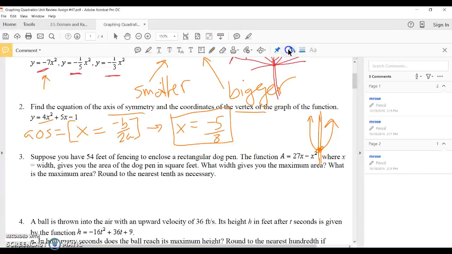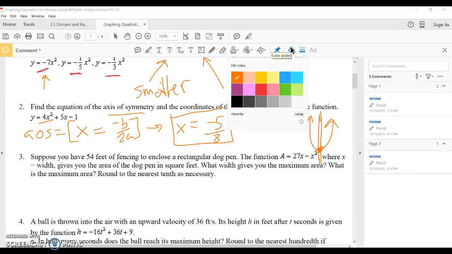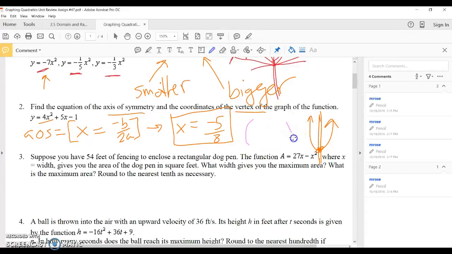Let's use a different color for our vertex. So for my vertex now, we have the axis of symmetry, which is -5/8. To find this value right here, since that's my x, I would take my x and plug it into here and here.